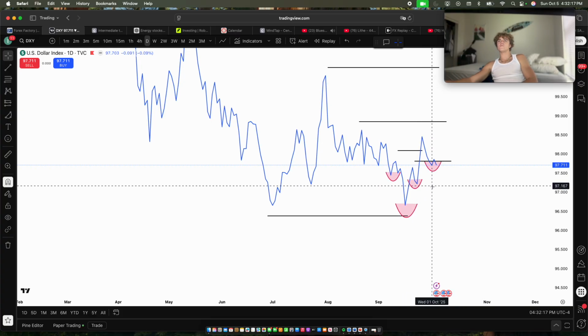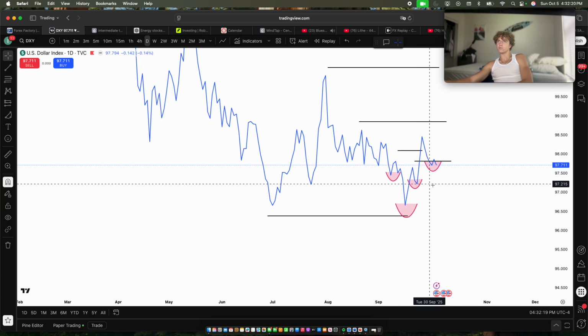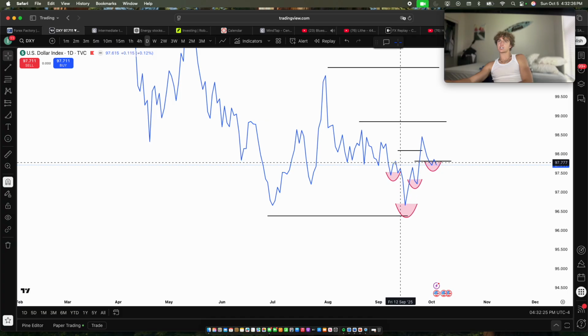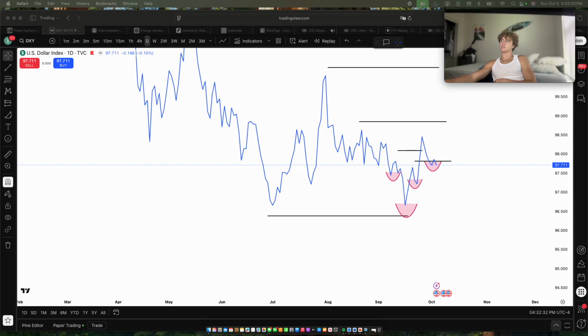I want to think we created one here, or we might be creating one and then going higher, just because we got that actual change of character. Change of character is essentially a break of structure.